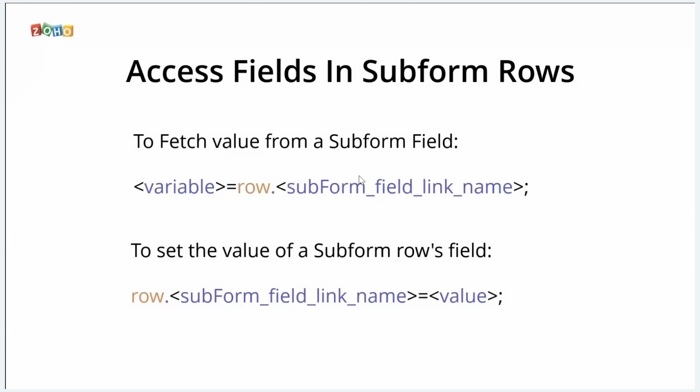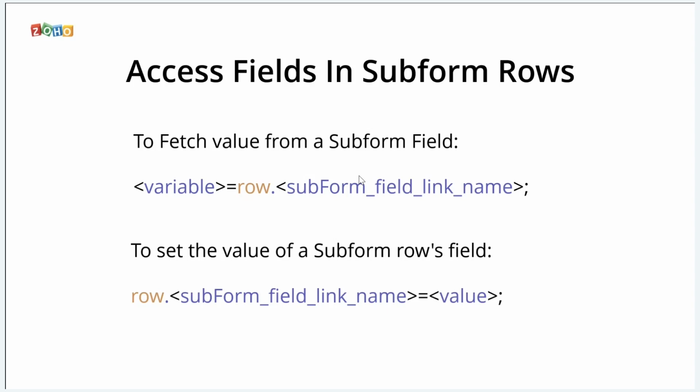To access fields in the subform, you can fetch a value from a subform field by using the syntax variable is equal to row dot subform field link name. The subform field link name would be there in the field properties under the subform name, right? And you will be able to use that from there.